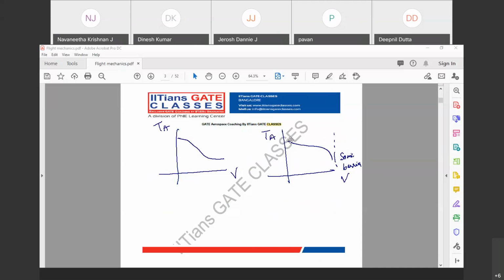So there is more static thrust in case of a piston engine aircraft. Since there is more static thrust, the takeoff distance required for a piston engine aircraft is less.